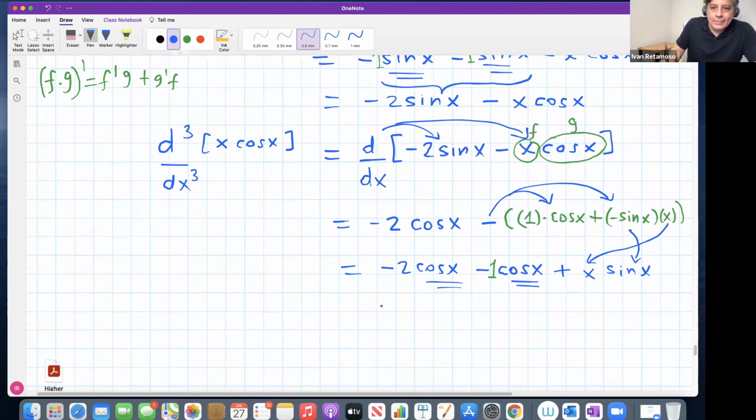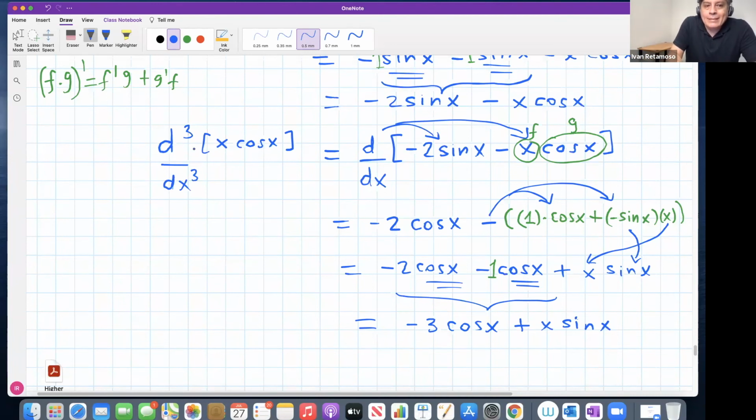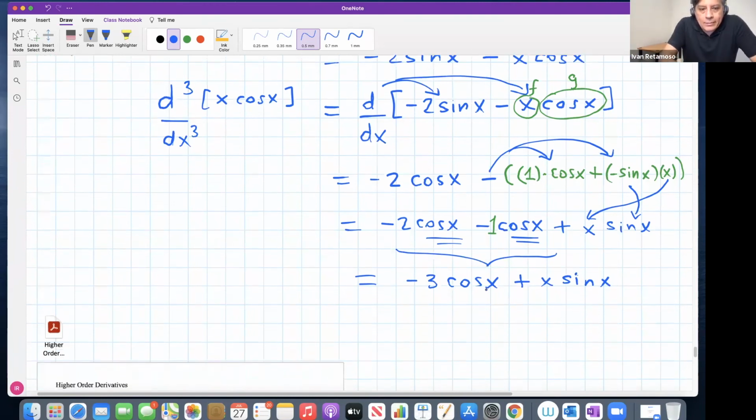So this can be combined into minus 2 cosine of x minus 1 cosine of x is equal to minus 3 cosine of x, right? Plus x sine of x, which should be my third derivative, right? My third derivative. This is the worst this could get, guys. It's not going to go farther than the third derivative at this level, okay? So this will be the most complicated you should expect an exercise to be.